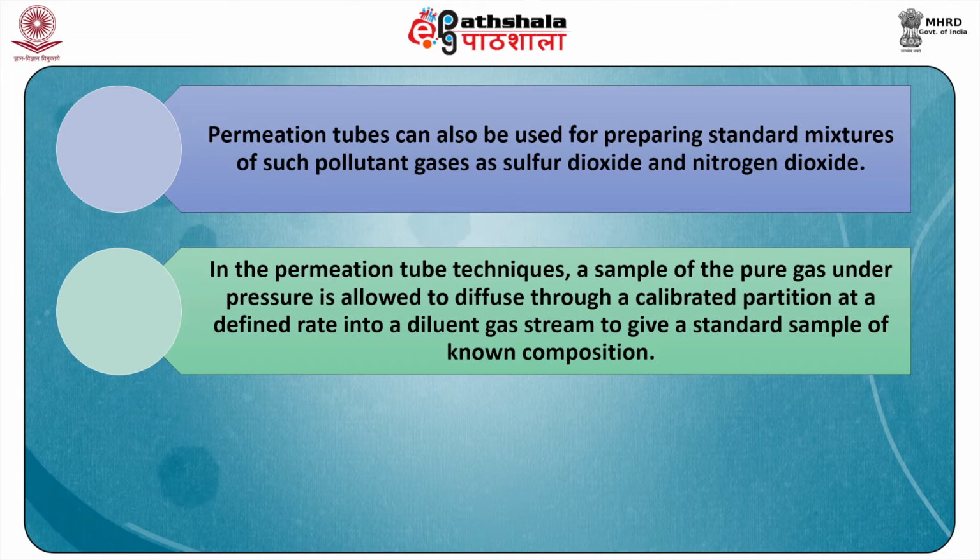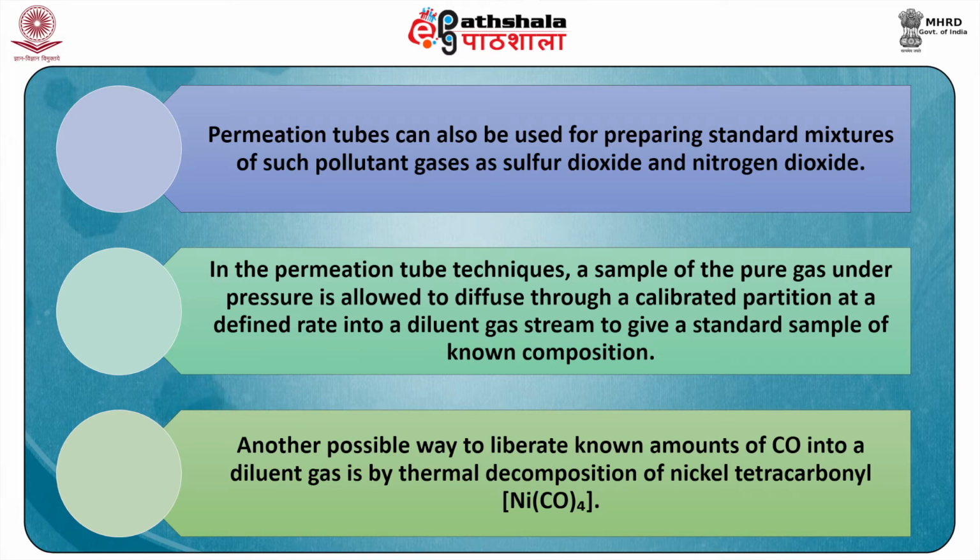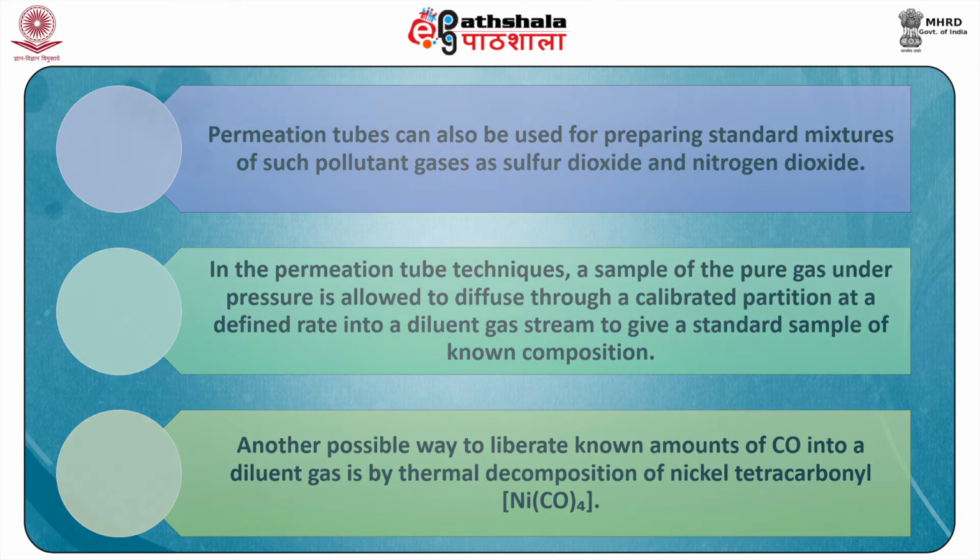In the permeation tube technique, a sample of the pure gas under pressure is allowed to diffuse through a calibrated partition at a defined rate into a diluent gas stream to give a standard sample of known composition. Another possible way to liberate known amounts of carbon monoxide into a diluent gas is by thermal decomposition of nickel tetracarbonyl.